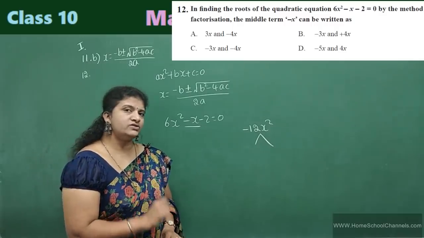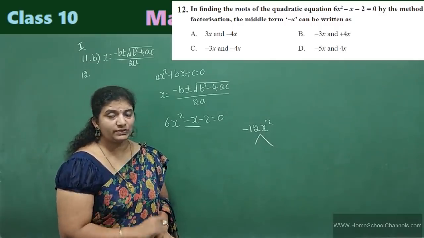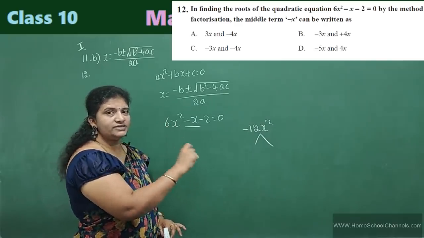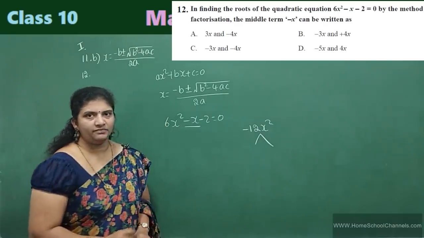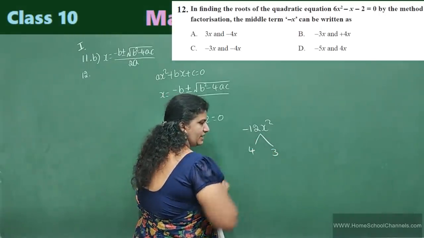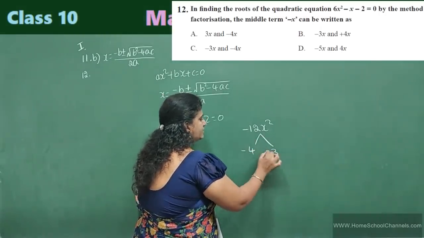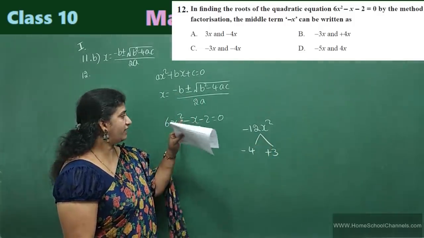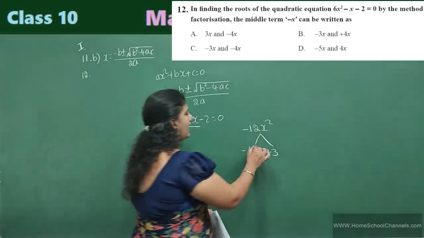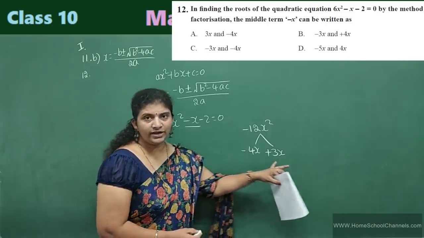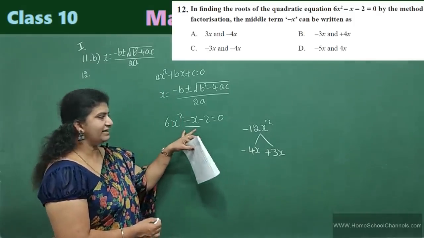What are the factors of minus 12? 6 2s are 12. 4 3s are 12. So, where you add or subtract, you should get minus 1. I go with 4 3s are 12. Minus 4 plus 3. Minus 4 plus 3 will give you minus 1. And write along with the variable. Minus 4x plus 3x will be minus x.